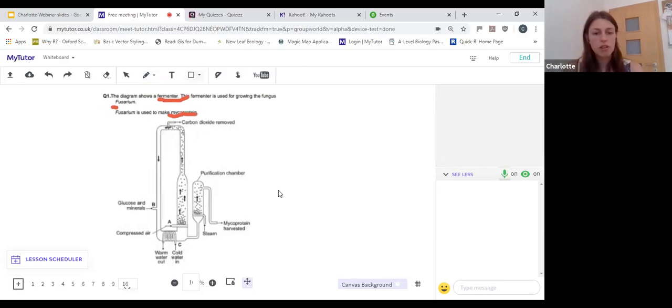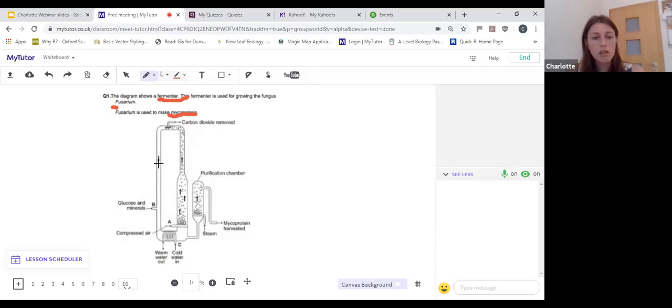So have a good look at the diagram. It's always worth looking through a diagram, getting a little bit familiar with it before you even approach a question on it. So we can see it's got A, B, and C written on it. So we've got A, we've got compressed air going in. This then travels up, carbon dioxide is removed.